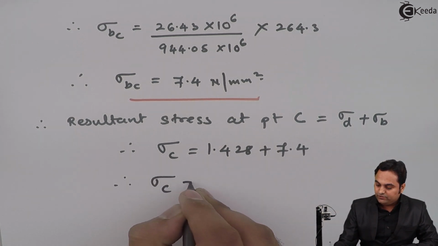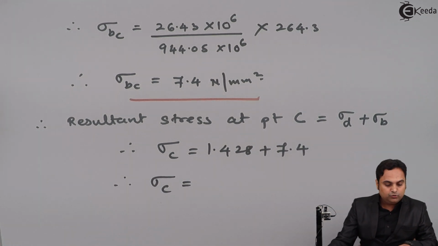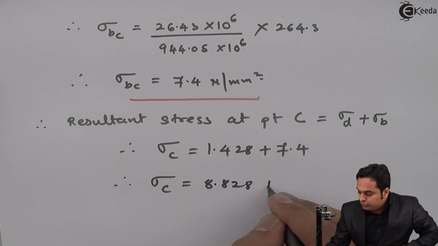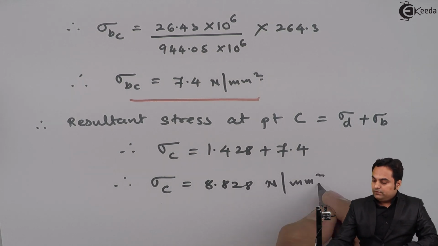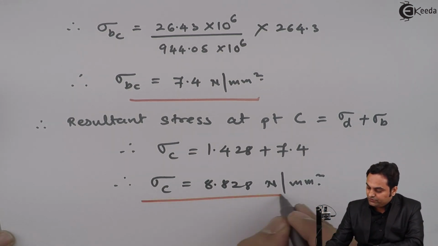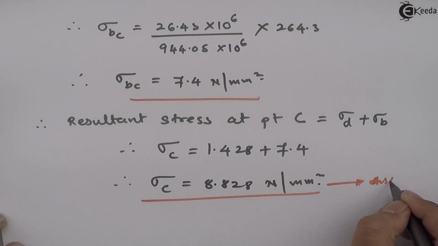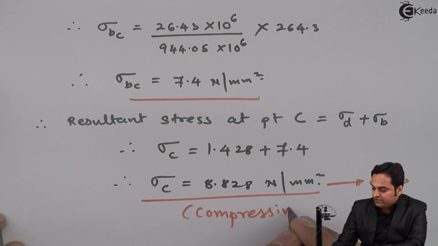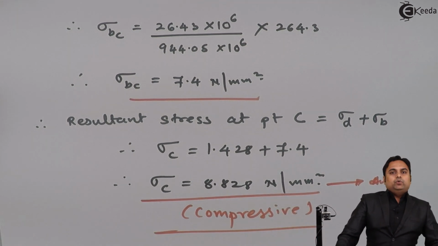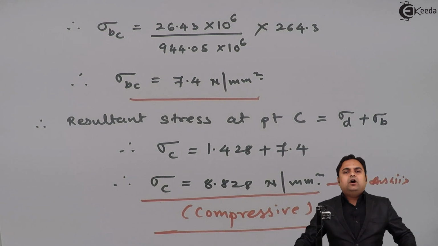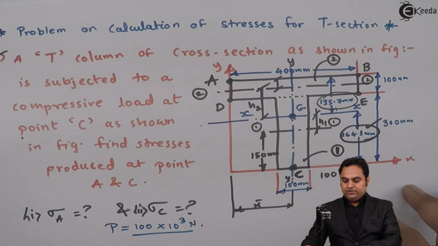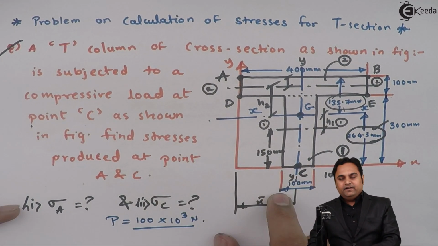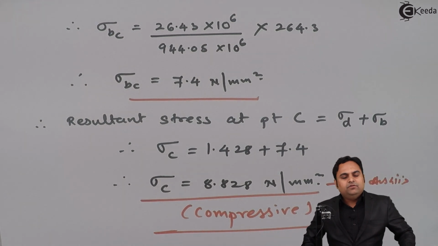From this, the value of sigma C comes out to be 8.828 Newton per mm square. As I am getting this answer as positive, it means that it is compressive stress, because in this chapter we take compression as positive. So in this video we have seen how to calculate the stresses at two given points, A and C. At A it was of tensile nature, at C it is of compressive nature, and with this we complete the problem.